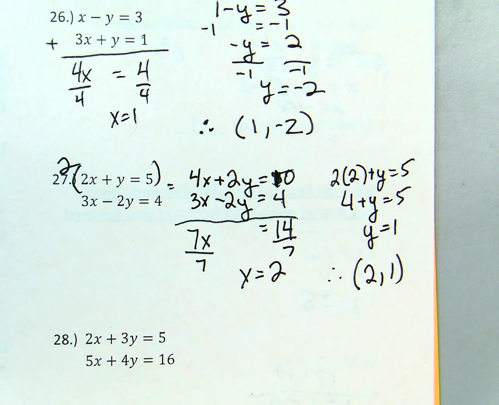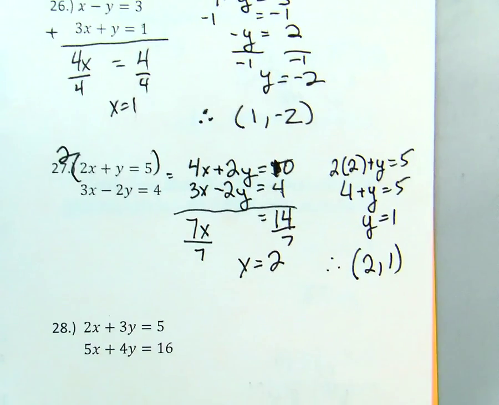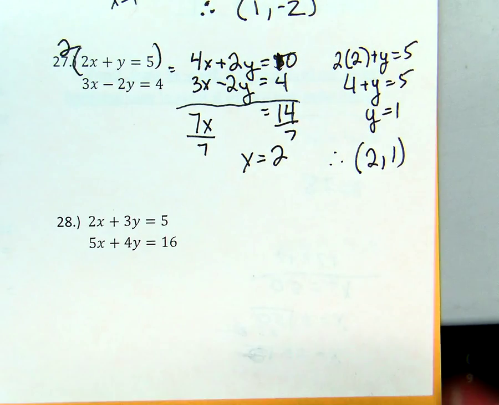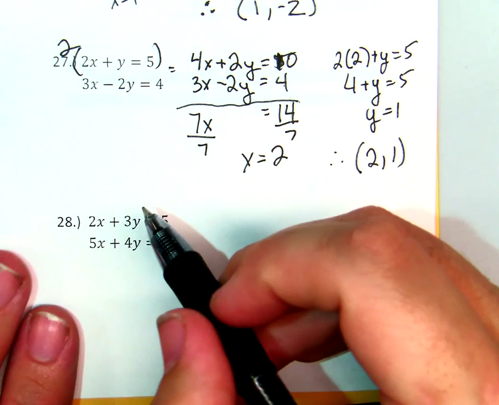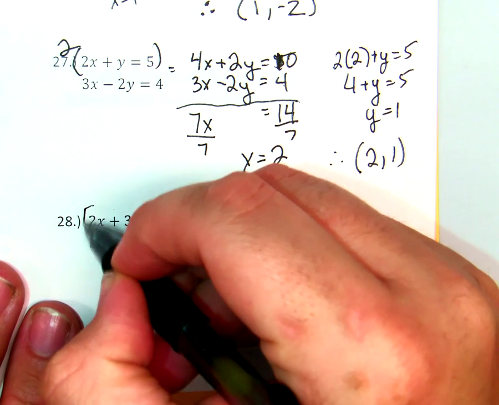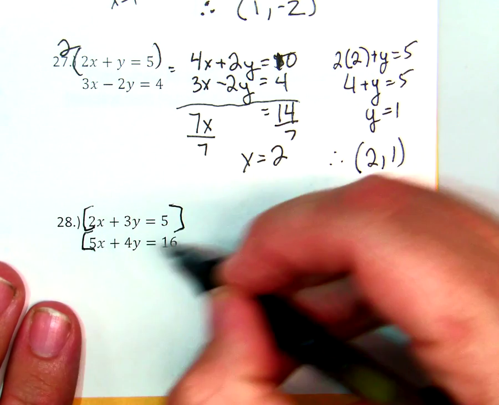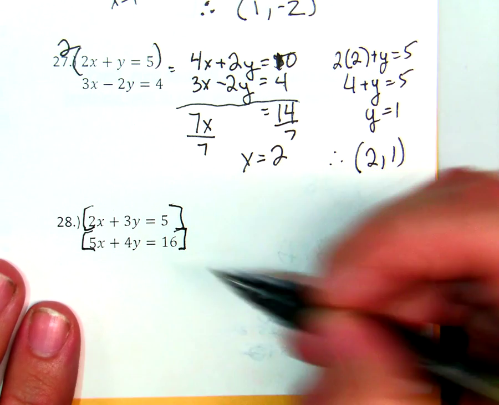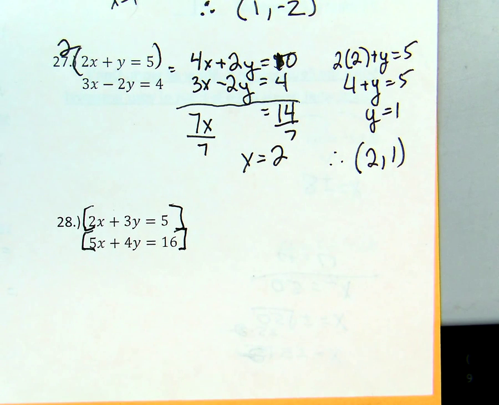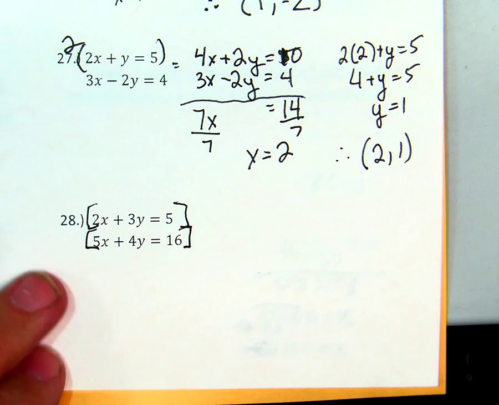Now this one, I did 4, the upper one, times 4. We're going to have to multiply the top and the bottom because we don't have opposite coefficients and we don't have opposite signs. So what I'm going to do, I did 4 for the top, negative 3 for the bottom. 4 in the top and negative 3 in the bottom.